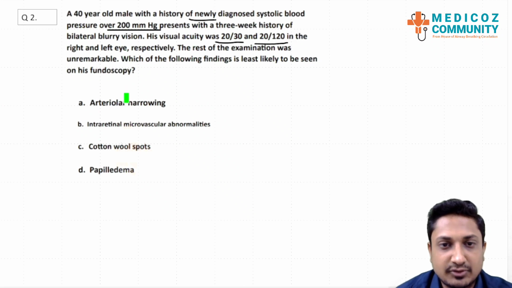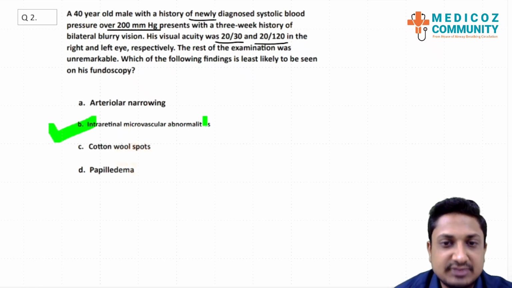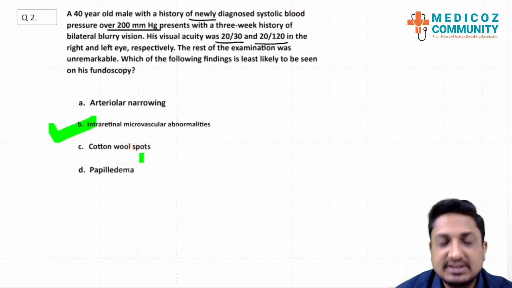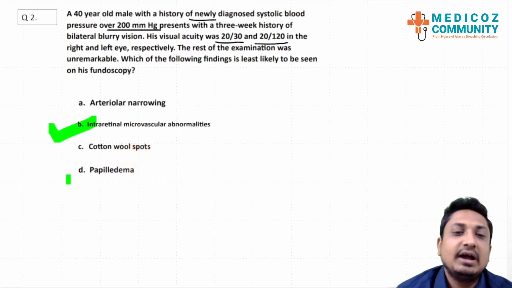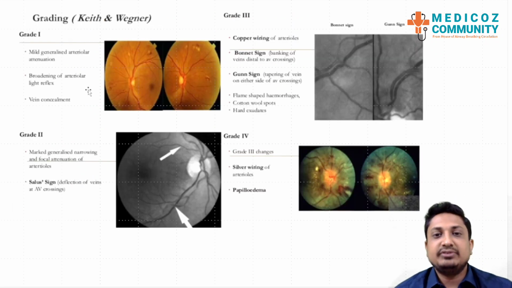Yes, it is a feature of hypertensive retinopathy. B, intraretinal microvascular abnormalities. No, this is not a feature of hypertensive retinopathy. This is a feature of diabetic retinopathy. C is cotton wool spots. Yes, it can be found in hypertensive retinopathy. And D is papilloedema. Yes, it can also be found in hypertensive retinopathy.